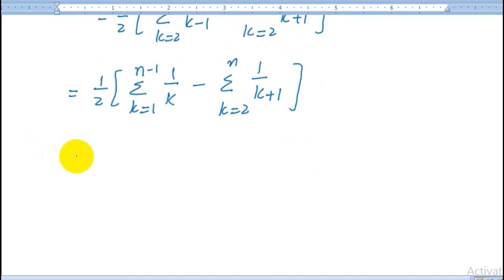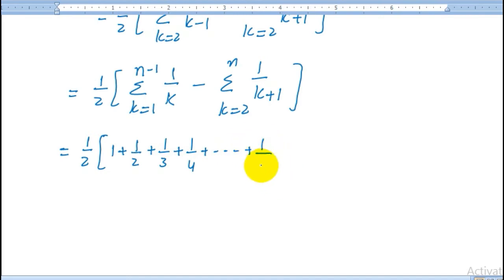Now we expand both these series. 1 upon 2. The first series becomes, first term is 1 plus 1 upon 2 plus 1 upon 3, 1 upon 4, and so on. The last term becomes 1 upon n minus 1.